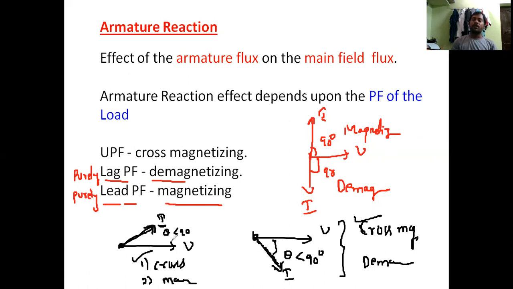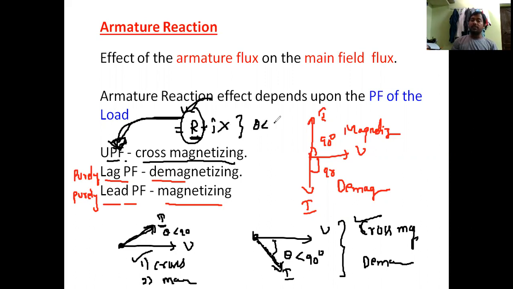Because if it is 30 degrees lagging or 40 degrees lagging, definitely resistive nature will affect. Because of this purely resistive nature, a UPF load is nothing but a purely resistive load. Because of this, cross magnetization effect will take place, and this is possible only when theta is less than 90 degrees.